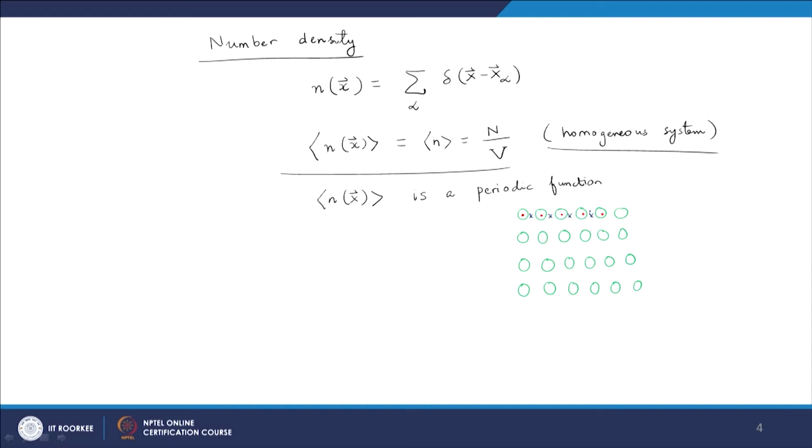That means that if I do an ensemble average, I should get a periodic function. It will repeat after certain values of x. Okay.